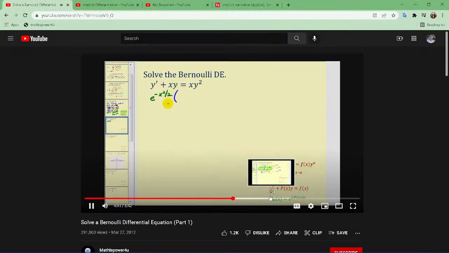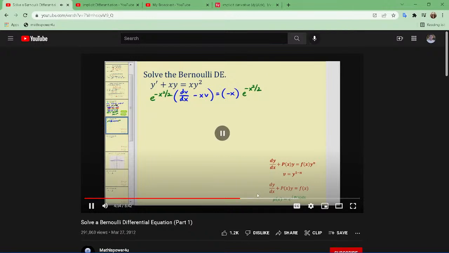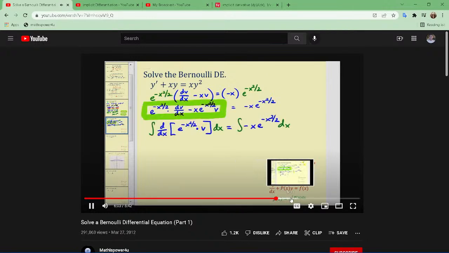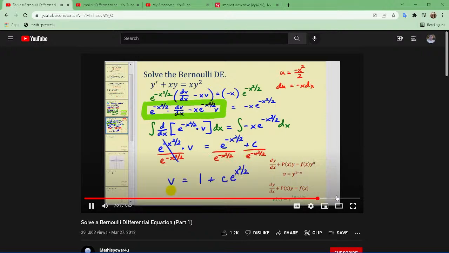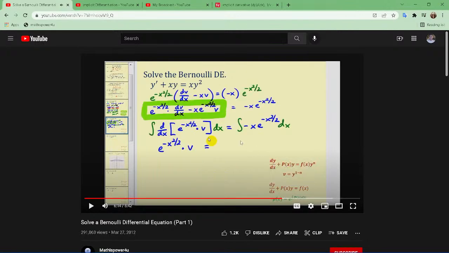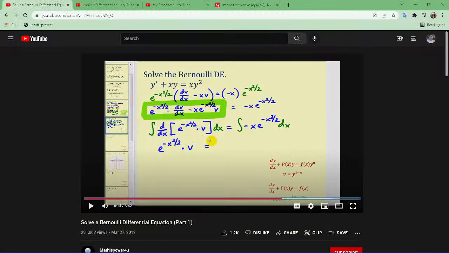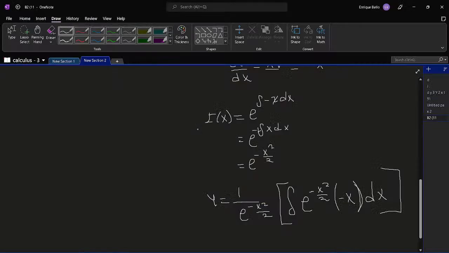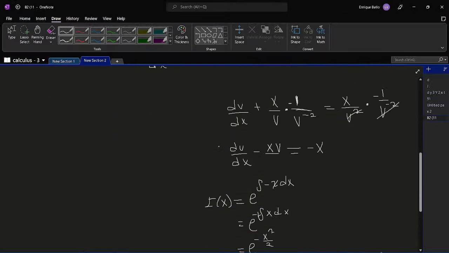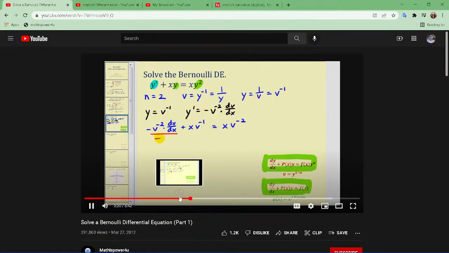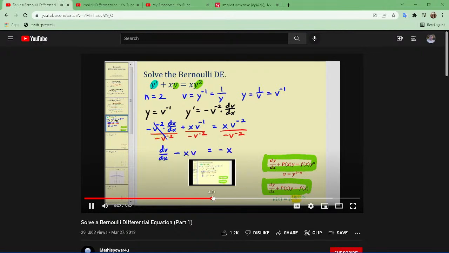Multiply both sides. I get this. Apply the differential in here. Now let's go ahead and distribute side, not v. So let's finish this on the next slide. Times v. Right? E raised to the power of the integral of p of x integrated with respect to x.